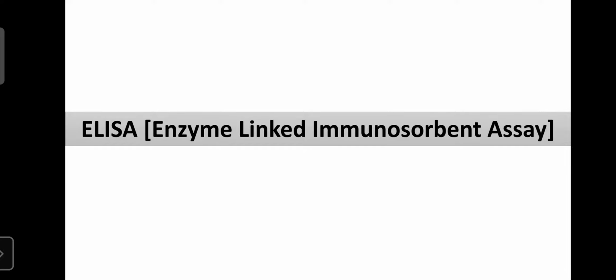That's why it is considered a modified form of the radioimmunoassay. Instead of the radioligand molecule or antibodies, we are using the enzyme as the targeting point to assess the presence of the antigens in the patient. So that's why it is known as the enzyme linked immunosorbent assay.